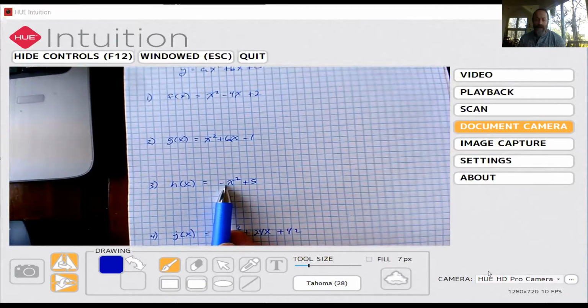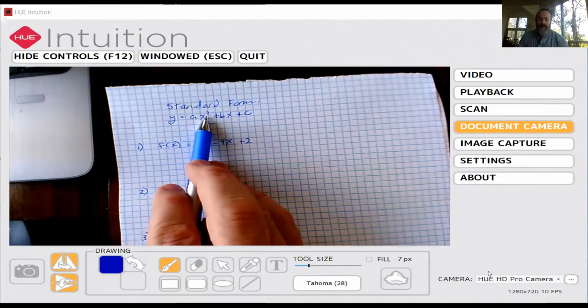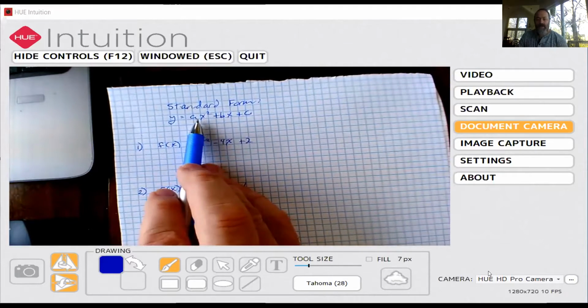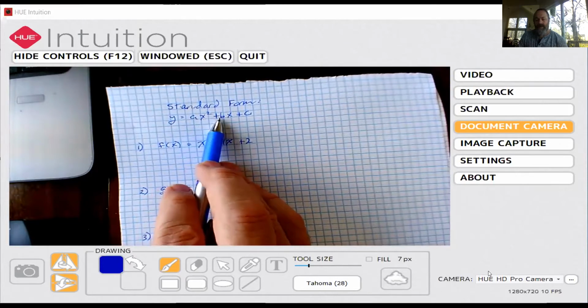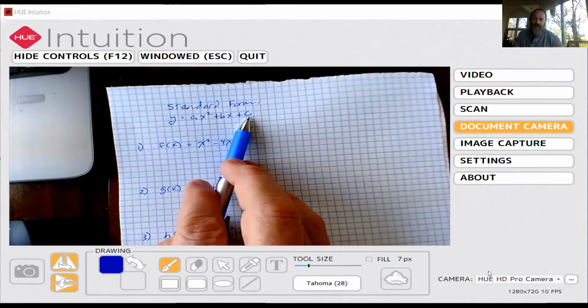So a would be -1, b would be 0, and c would be 5. It's very simple. We always arrange it in order with the biggest exponents first, coming down. So a is the coefficient on the x squared term, b is the coefficient on the x term, and c is the constant at the end.